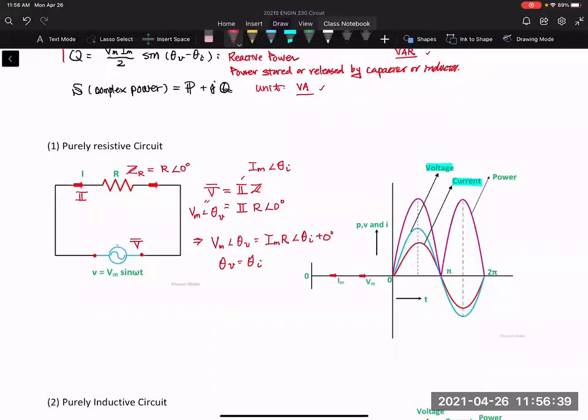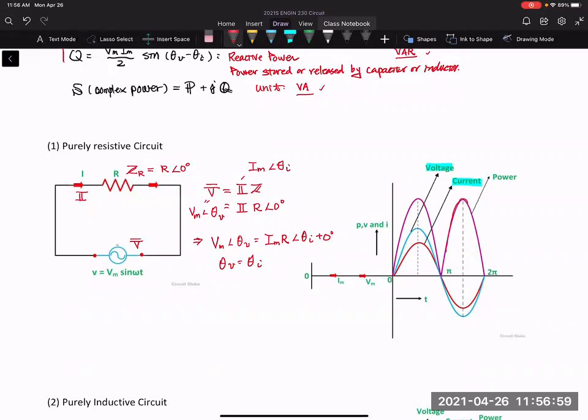Now, what about the power? Well, for the power, you have to use either I squared times R or V squared divided by R. Because you use the square, you can see all this power goes to the top. So this curve flips from the bottom to the top.